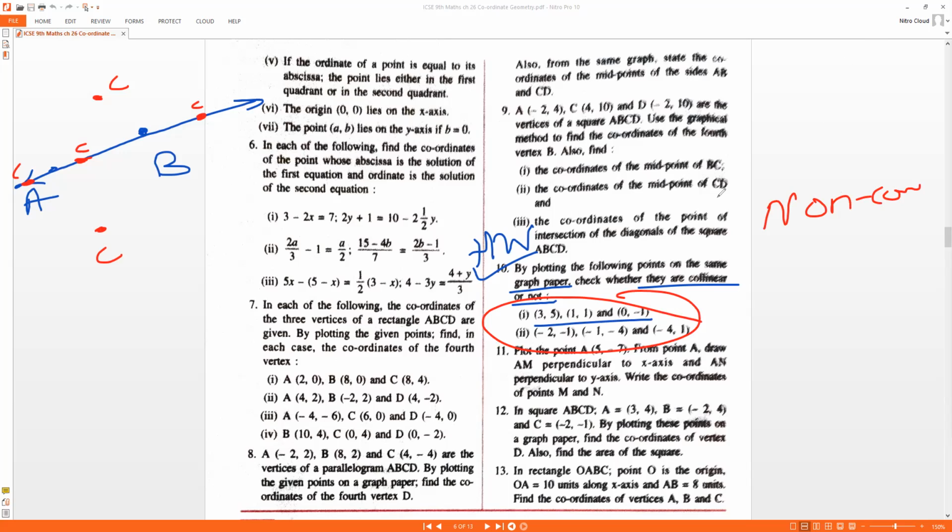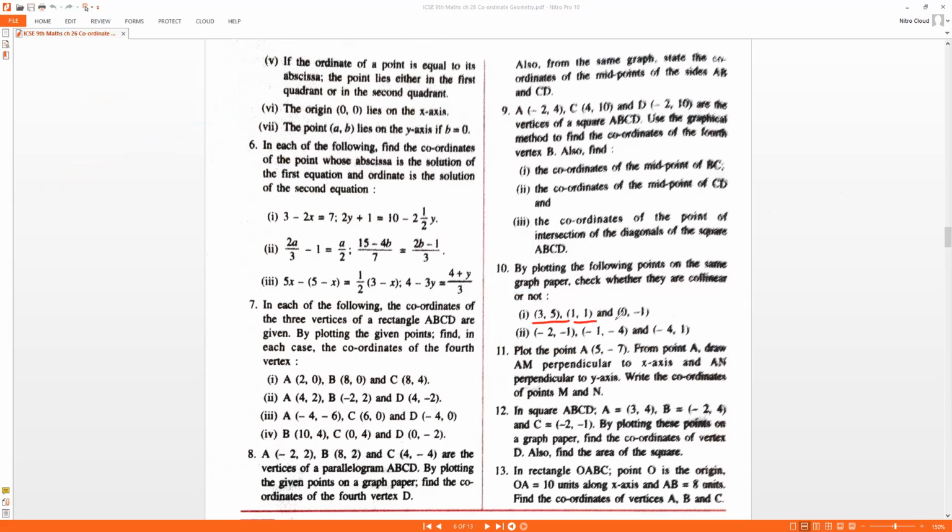Plot these points A, B, C, name them, write their coordinates, and then take a scale and check whether you can draw one single line passing through all of them or not.